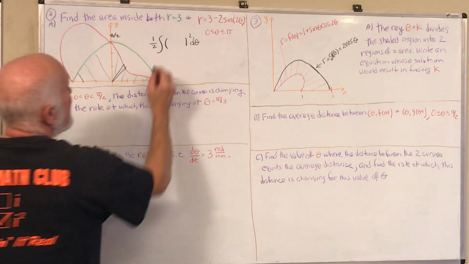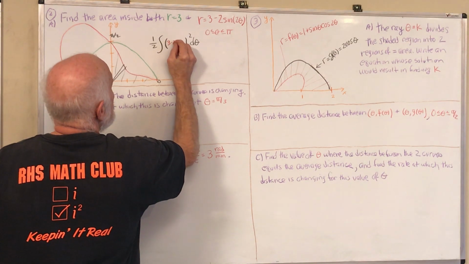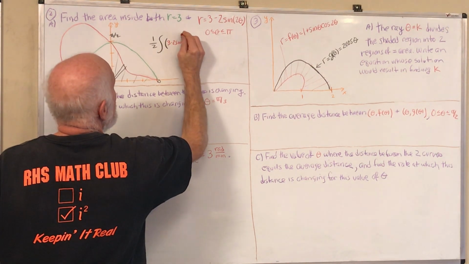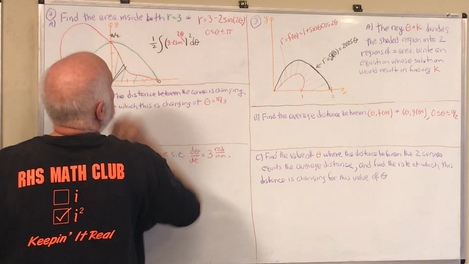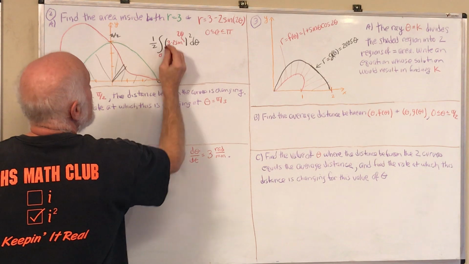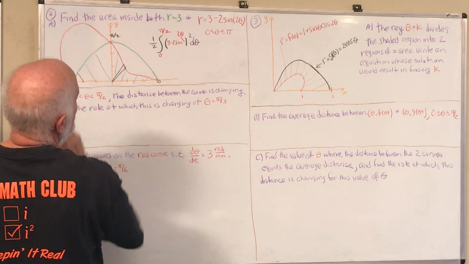So I can just put in 3 minus 2 sine of 2 theta, if you leave yourself enough room. And you're going to go from where? From 0 to pi over 2, because that's all you have in that section.